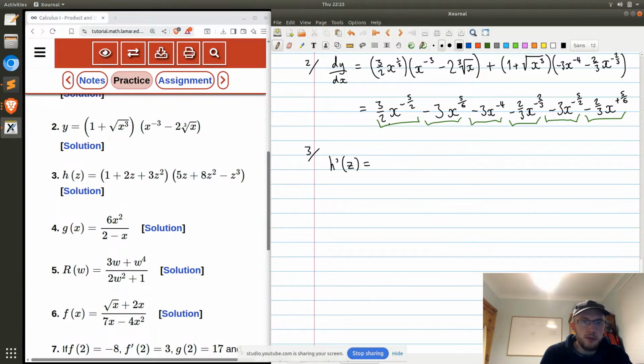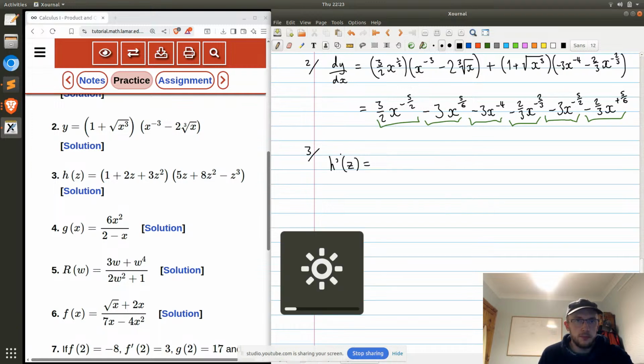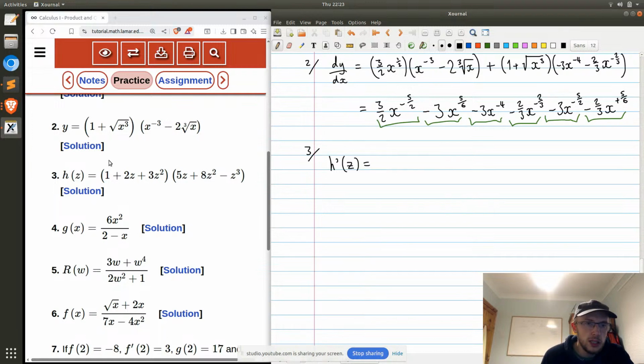Right, h prime of z, product rule once again. So differentiate the first function: 6z plus 2. Leave the second function alone and put it in order.